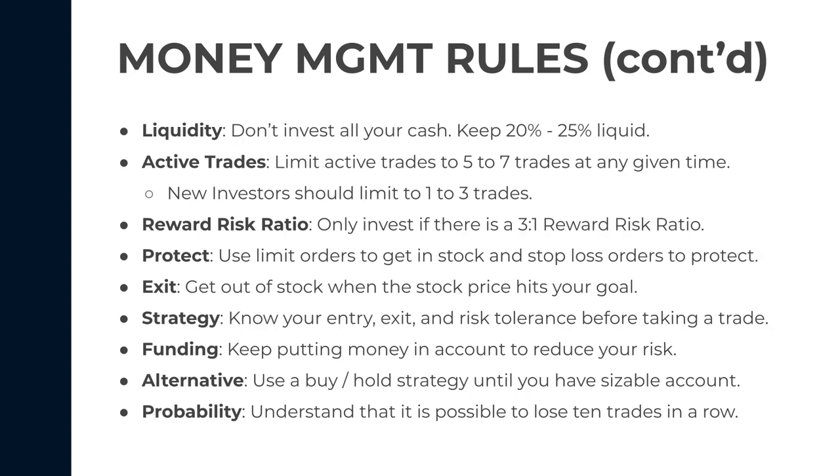Reward risk ratio. Only invest if there's a 3-to-1 reward risk ratio. We will cover that later in this training. Protection. Use limit orders to get in stock and stop loss orders to protect. Exit. Get out of the stock when the stock price hits your goal.